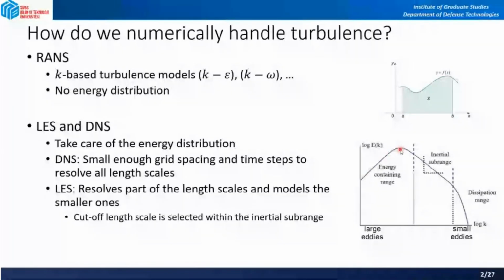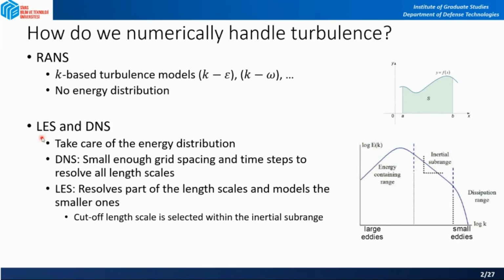When we talk about handling turbulence in terms of numerics, the question is, how do we numerically handle turbulence? We have actually two options, as you see here. One will be simulation, and the other one will be modeling to obtain some solutions.